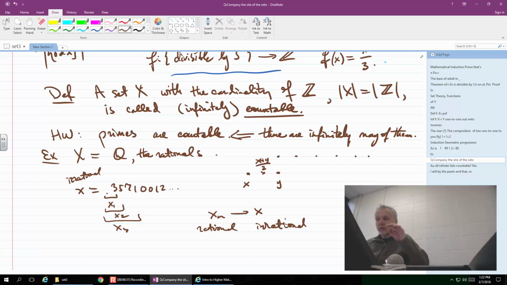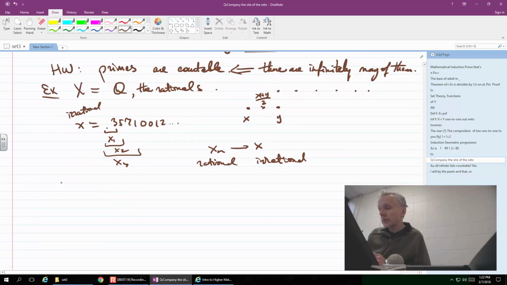All of this I'm mentioning only to make the point of why it is so important, and possibly counterintuitive, to say that in fact they are countable. There are as many rational numbers as there are integers, even though the integers are sparse and the rationals are dense. So the proof is interesting.